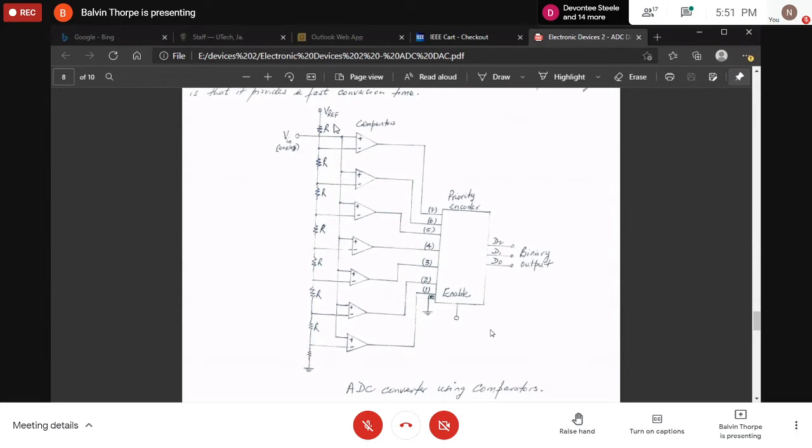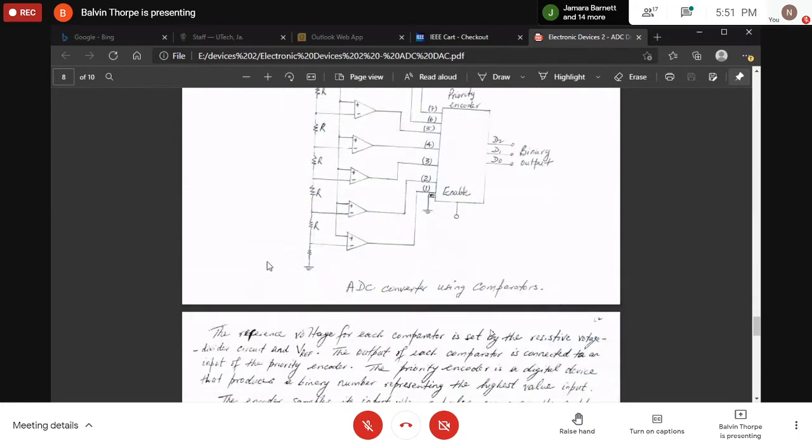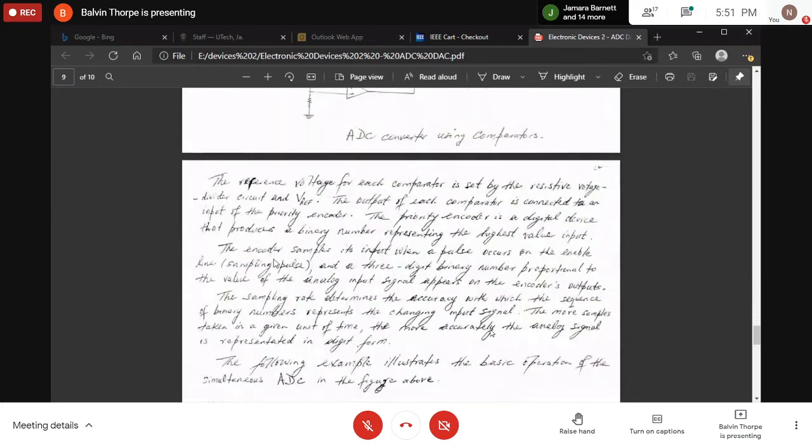You follow me? And likewise, it continues right down there. Sir, are different resistor values put in, or are the resistors the same value? All right, let's discover that by further reading.